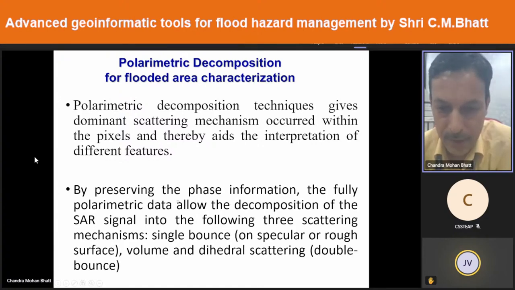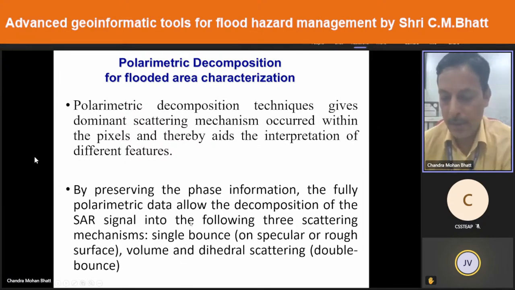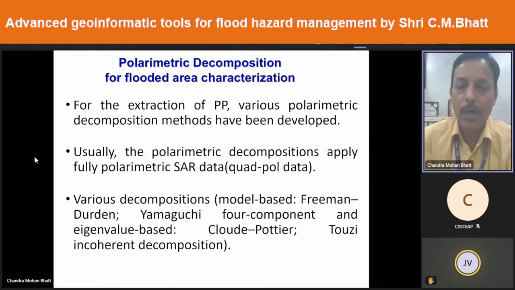By preserving the phase information, the fully polarimetric data allows the decomposition of the SAR signal into different scattering mechanisms, single bounce, volume scattering or double bounce. These different kinds of scattering allow you to distinguish the objects on the ground.